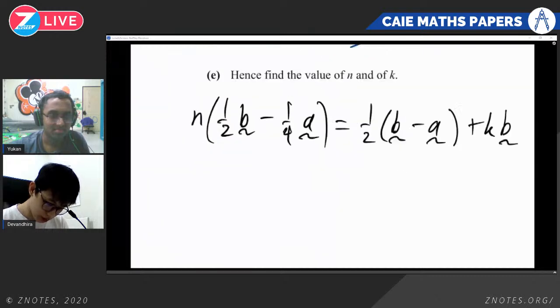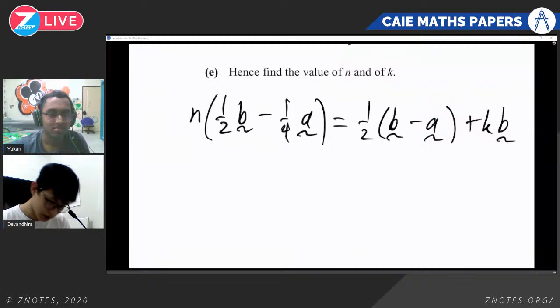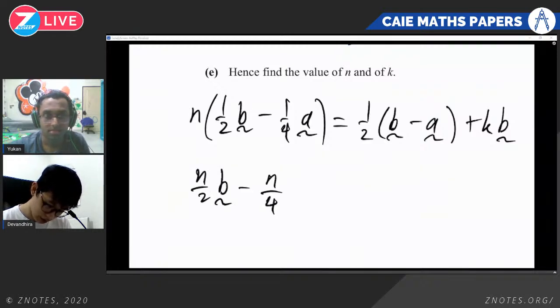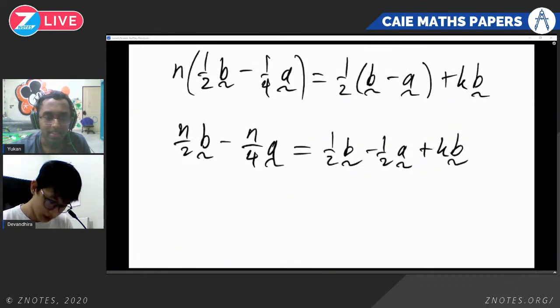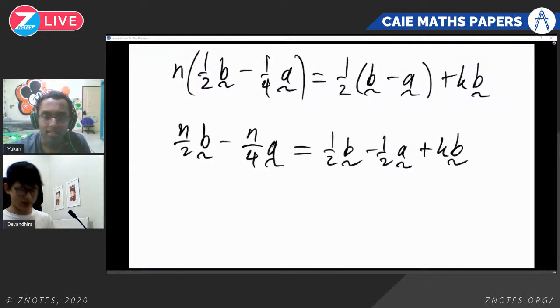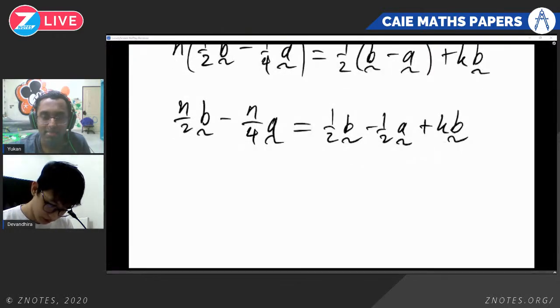Okay, so we'll just expand this. Let's try not to make any mistakes. Half A everything plus kB. Yeah, that's right. If you really want, you can group your B terms together. So it's just half plus k times B, but that's not really necessary.